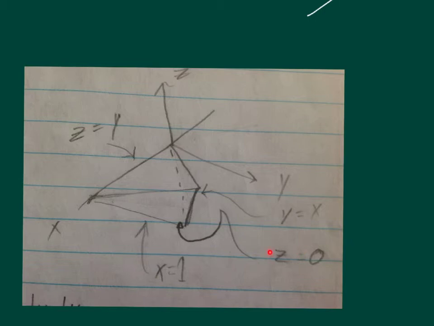So I've also denoted an equation of z is equal to 0, and this arrow points to the bottom portion of this figure that sits on the xy plane. So you're probably wondering, well, how on earth did I get the equation of z equals 0 to be the bottom portion of this?